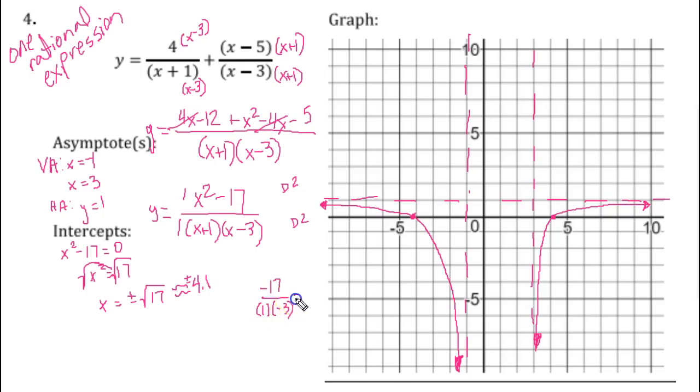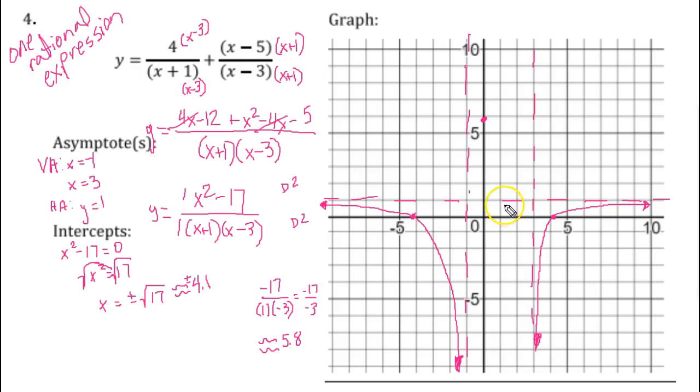So I end up with negative 17 over negative 3, which is going to be positive approximately 5.8-ish, 5.9-ish. It's not quite 6. So I have a y-intercept up here at 5, not quite 6.